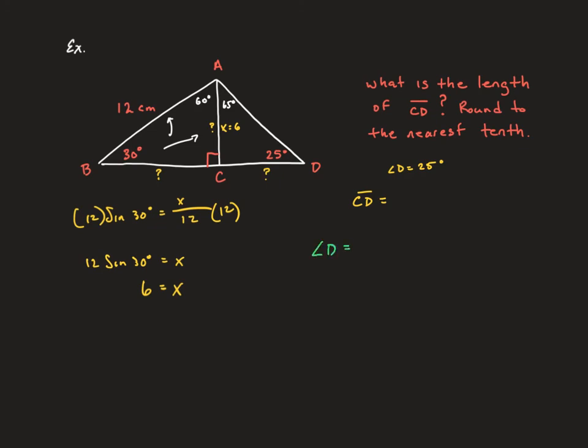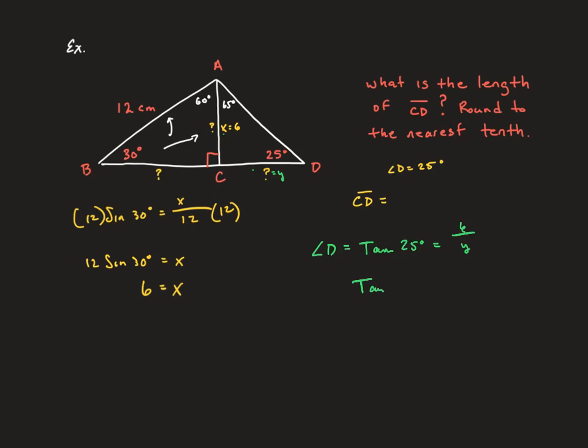the opposite, I have the opposite, and then that would be the adjacent. So I'm looking for the tangent. So the tangent of angle D, or the tangent of 25 degrees, is going to be equal to the opposite, which we said is 6, over some value we don't know. We don't know what CD is. So I just gave it a y.